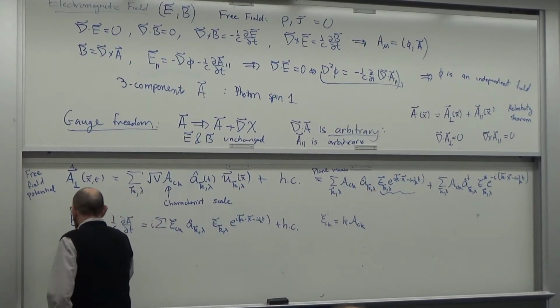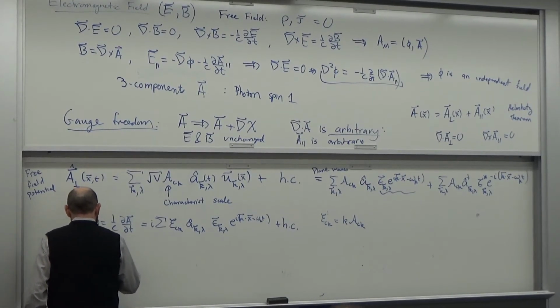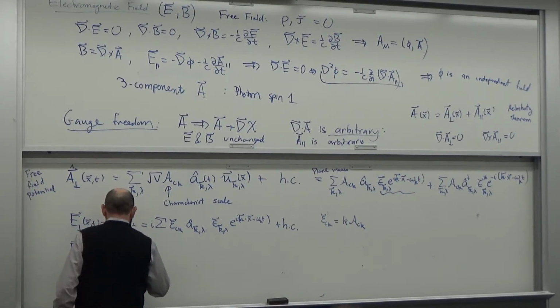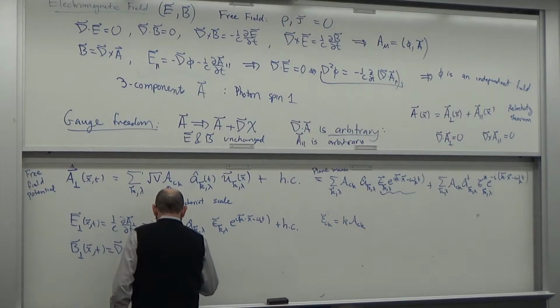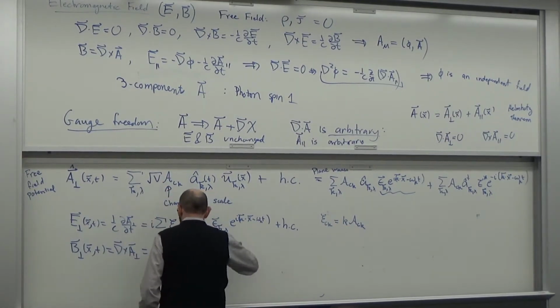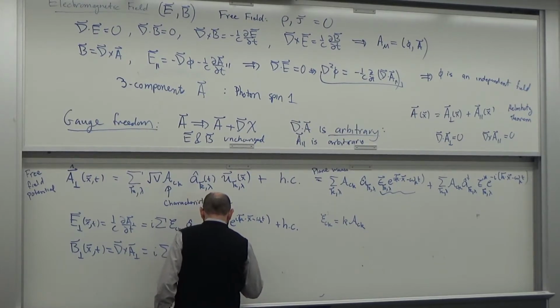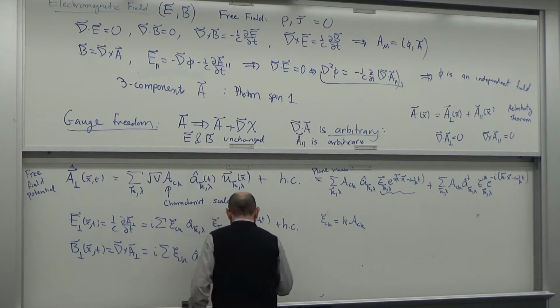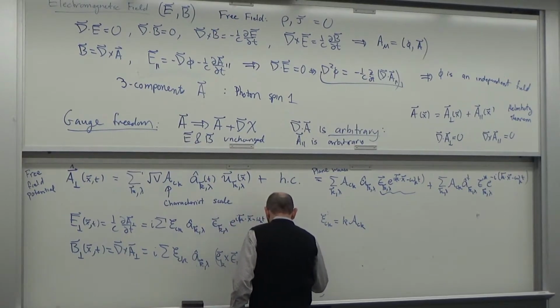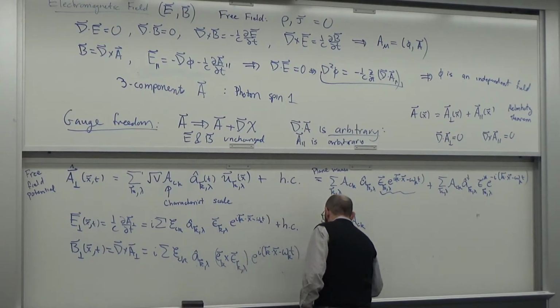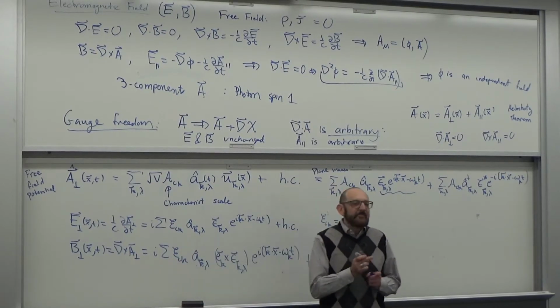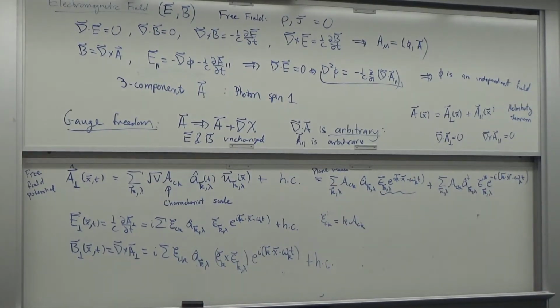And the magnetic field is this. Notice that the characteristic scale of the magnetic field is exactly the same as the characteristic scale of the electric field, because the electric field and the magnetic field have the same units in Gaussian units, right?